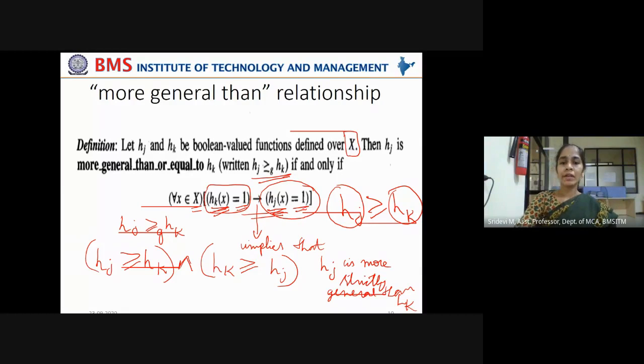Why? Because Hk is not at all equal to or more general than Hj. Now how do I represent this? Hj more general than Hk. I am removing the equal to term. Did you notice? This says that Hj is strictly more general than Hk. Got it? Let us see in instances how it will be applicable there.